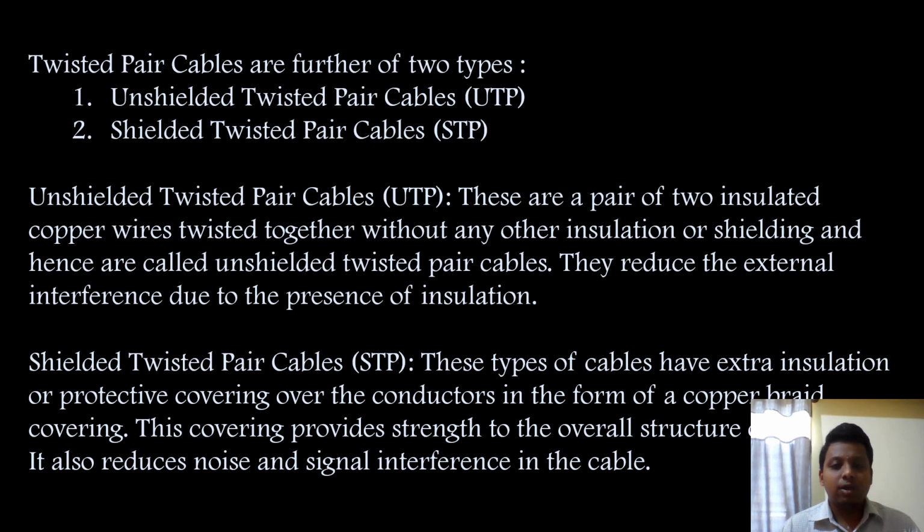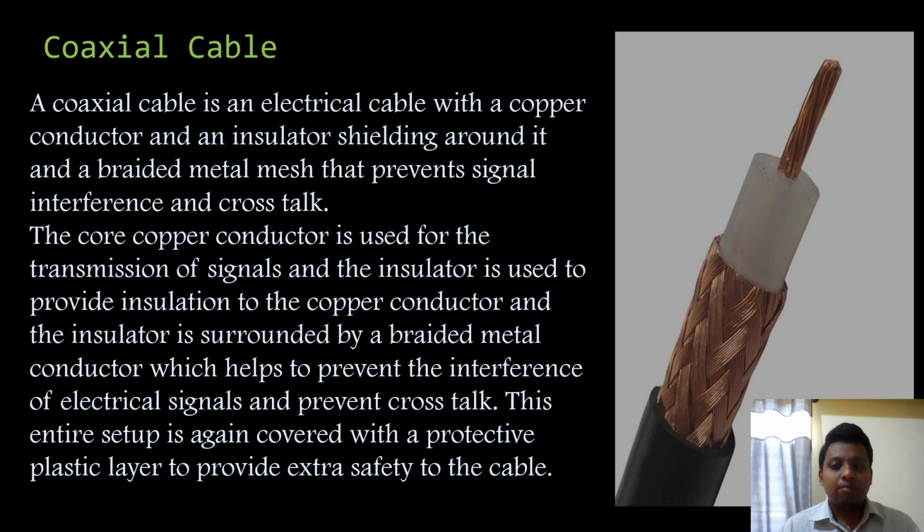Now let us look into the coaxial cable. Coaxial cable is an electric cable with a copper conductor and an insulator shield around it, and a bare metal mesh that prevents the signal from interfering and crosstalking. The core copper conductor is used for transmitting signals, and the insulator provides insulation to the copper conductor.